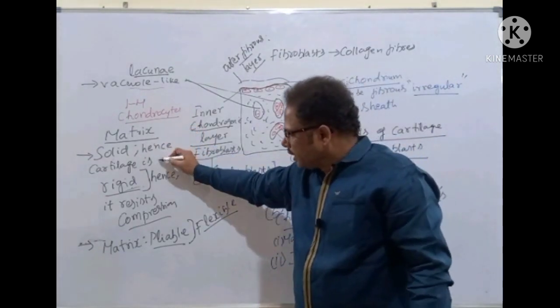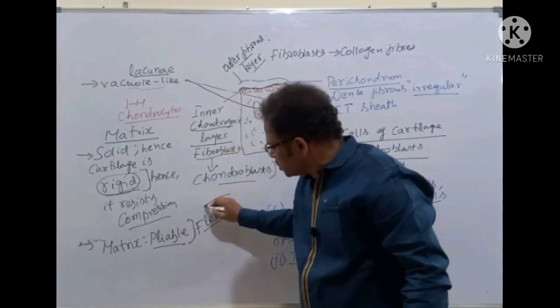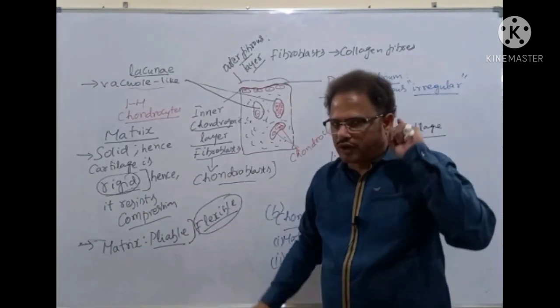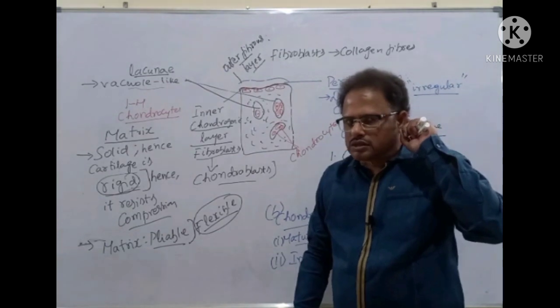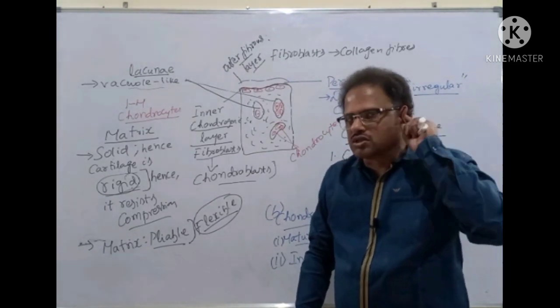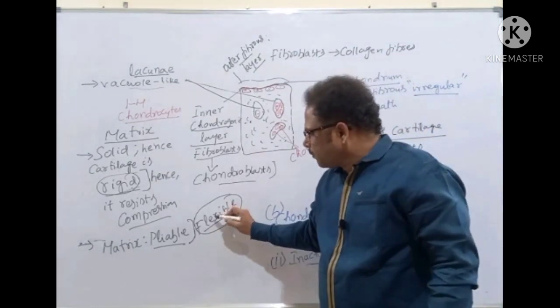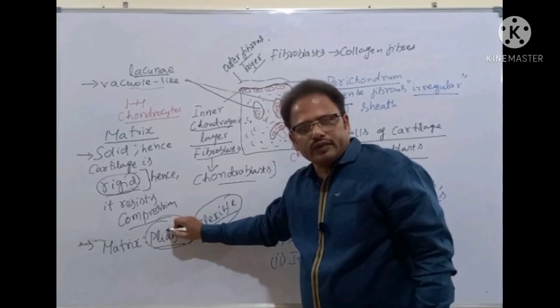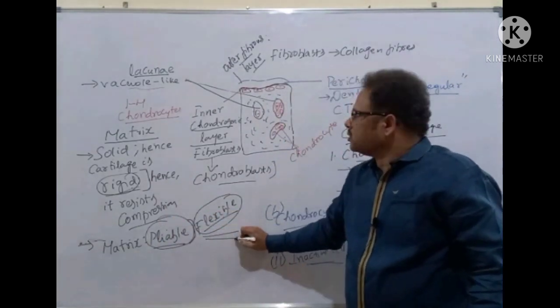The cartilage is rigid but somewhat flexible also. You're following, students. For example, here is elastic cartilage. It is rigid, no doubt, but also some sort of flexibility is there, like this. That is why it is flexible, because the matrix is pliable.